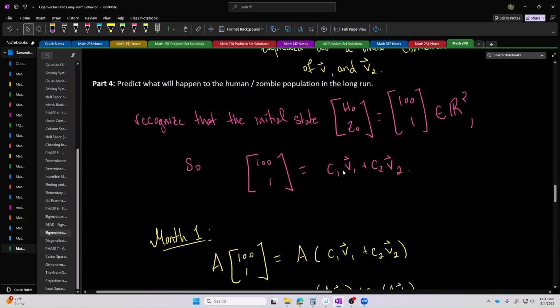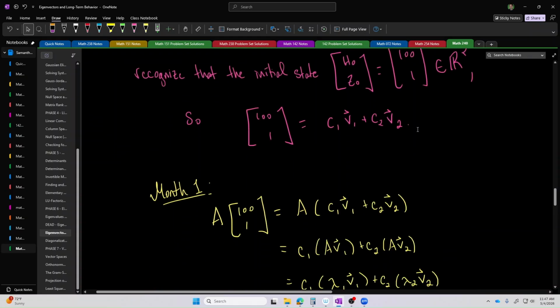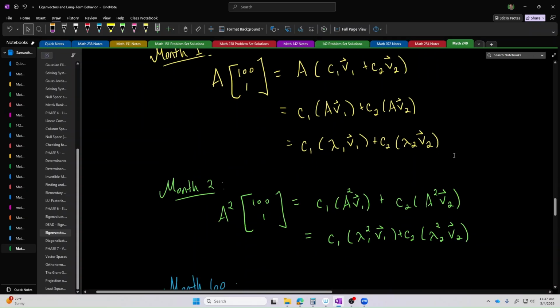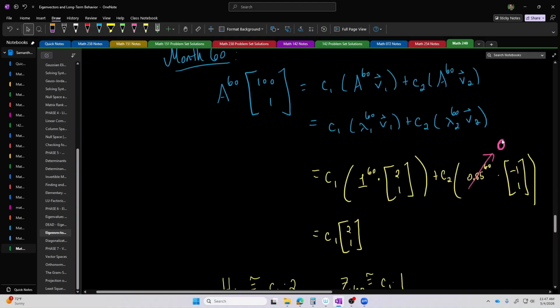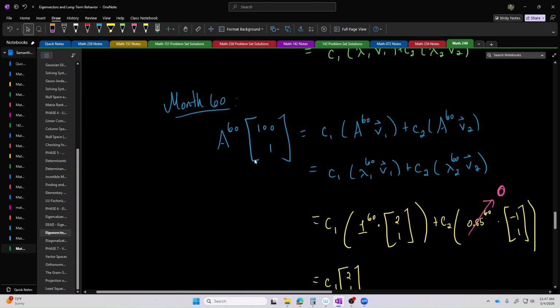And because the initial state could be written as a combination of eigenvectors, it became very easy to see what the matrix A was doing to that vector over a long period of time. If, for example, we applied 60 copies of the matrix to the initial state, then that would correspond to applying 60 copies of the matrix A to the eigenvectors, which would cause 60 copies of the eigenvalues to appear.